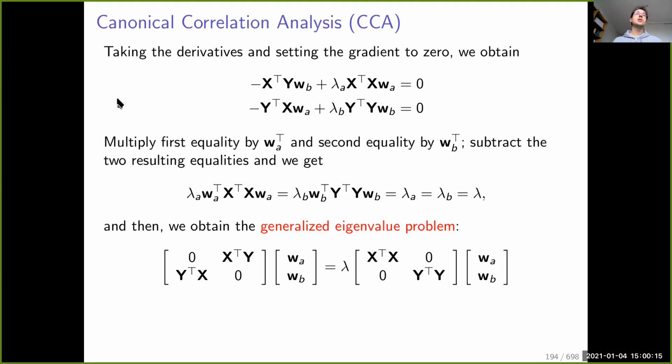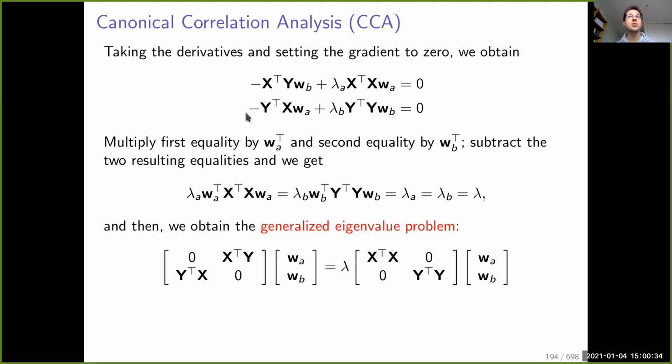Now, I still want to get more information about it. So far, it doesn't tell me much. What I will do is simply multiply the first equality by WA transpose and the second equality by WB transpose, multiplying on the left.